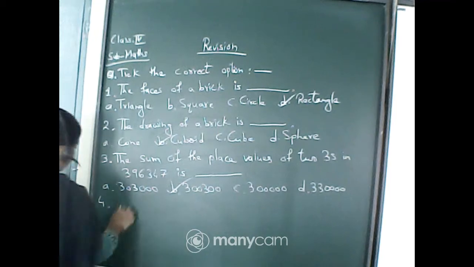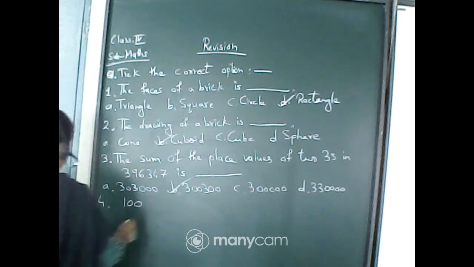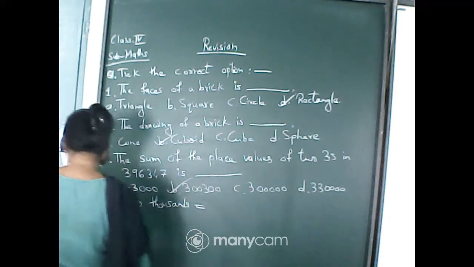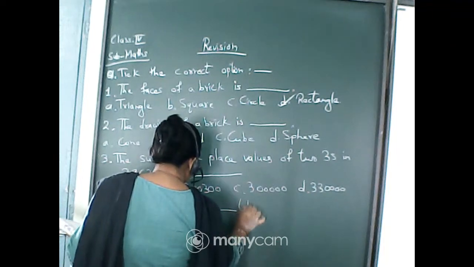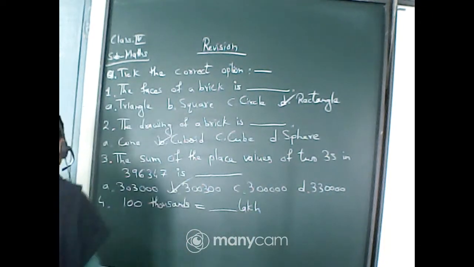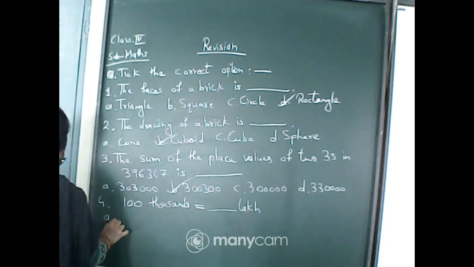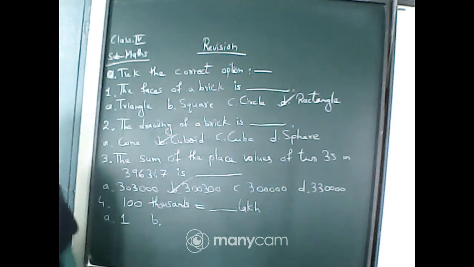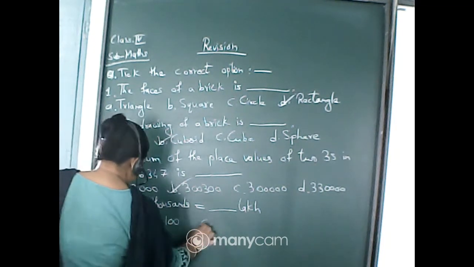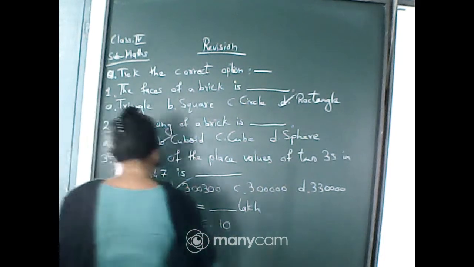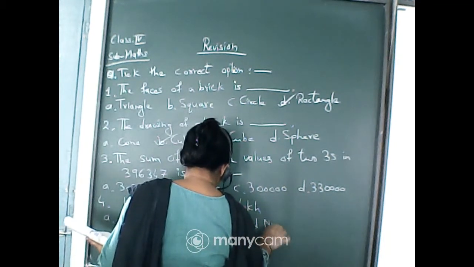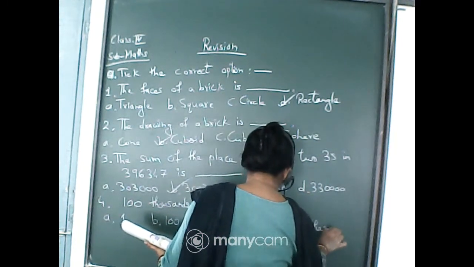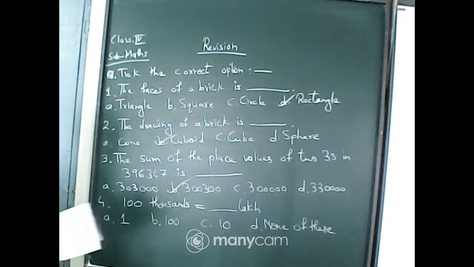Next one. 100 thousands is equal to dash lakh. 100,000 is equal to dash lakh.